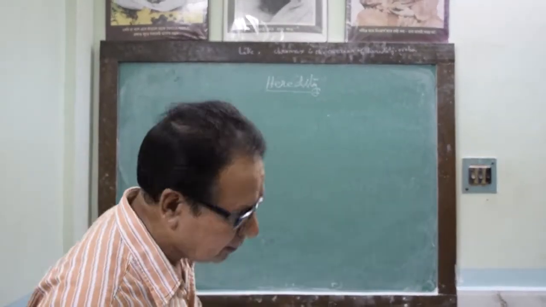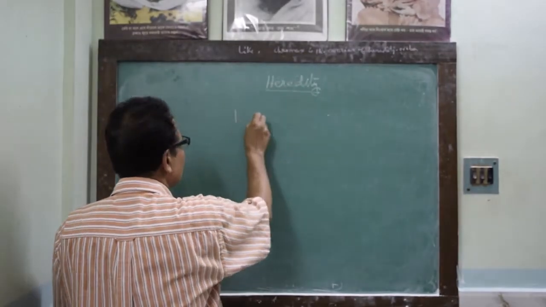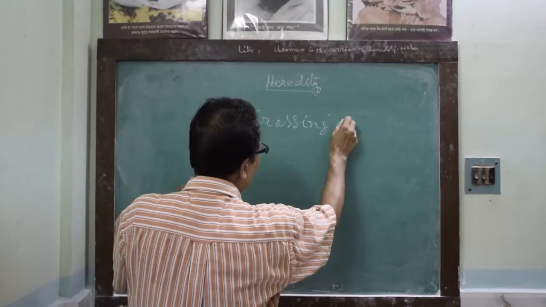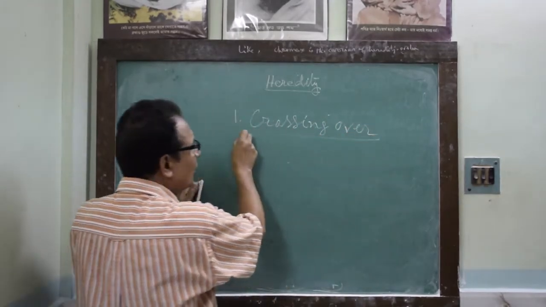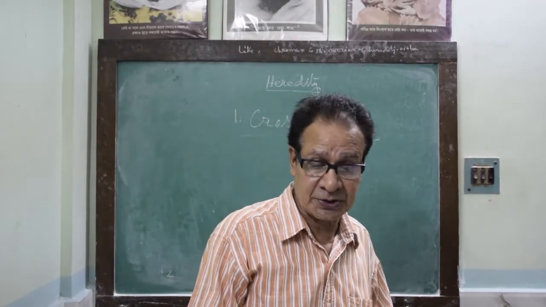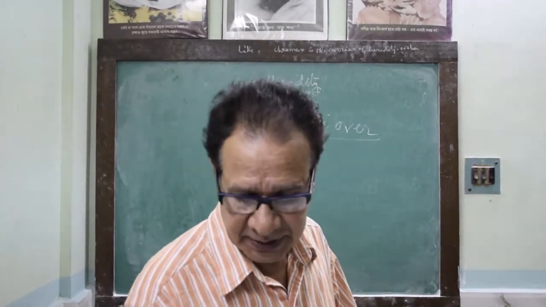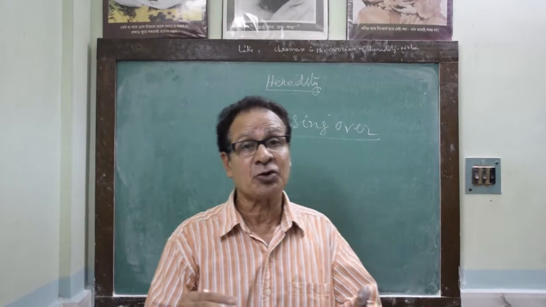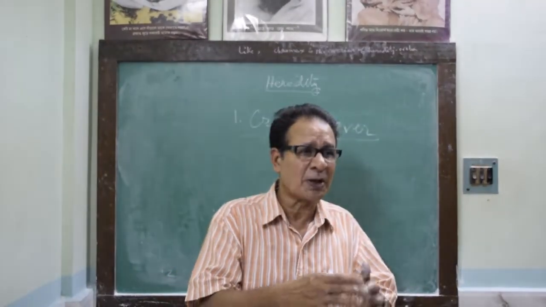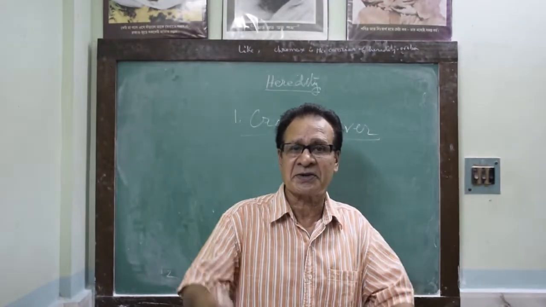Number one, the cause of variation is crossing over. You have already studied it in meiosis. During meiosis, crossing over takes place. As a result, rearrangement of genes occurs, and in the offspring produced by the union of gametes, new characters appear.